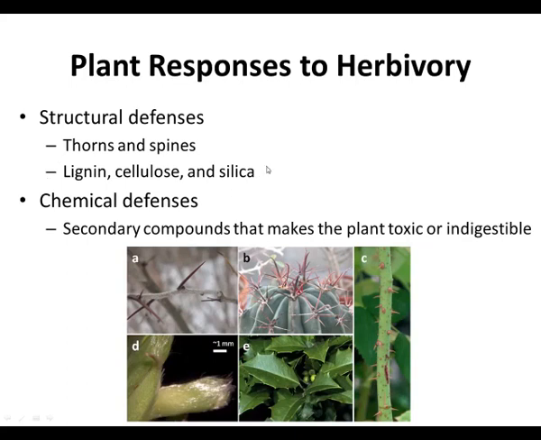Typically when there are high concentrations of lignin, cellulose, and silica, the herbivores tend to avoid those particular plants. And they also have chemicals like poison dart frogs, and we call these secondary compounds, and it makes the plant either toxic or unpalatable. So typically when there's a high concentration of these secondary compounds, the herbivores tend to avoid these plants.